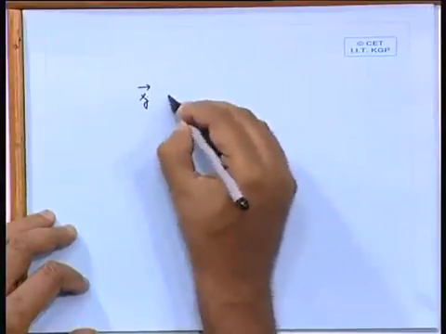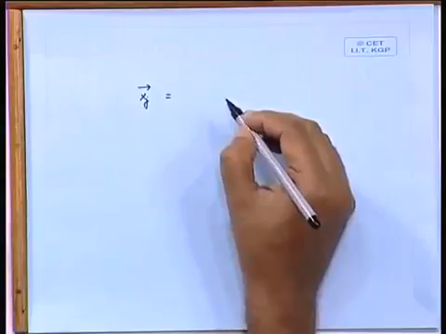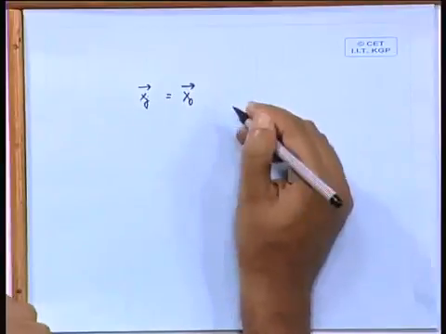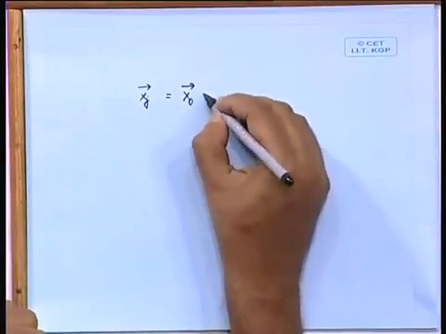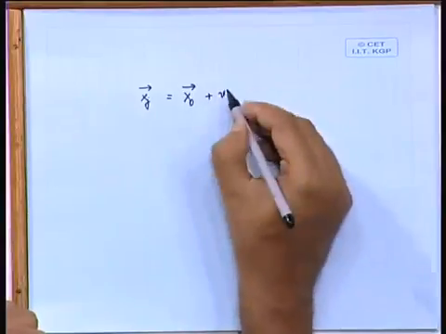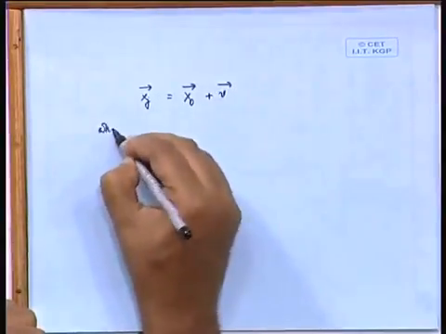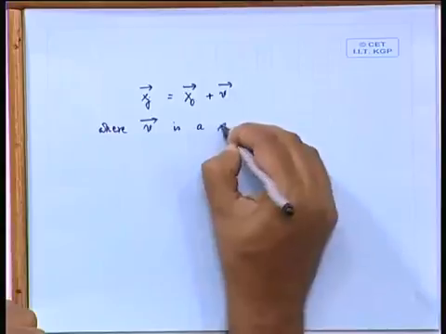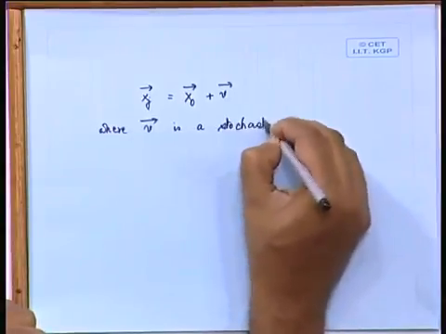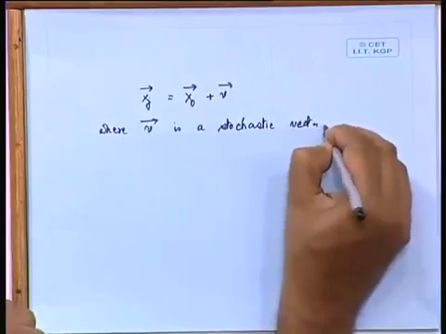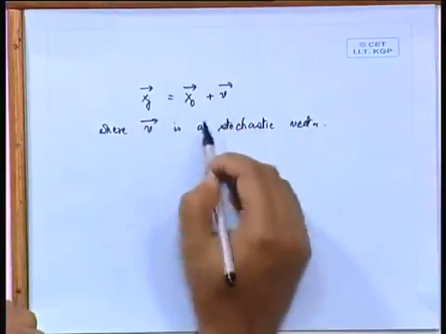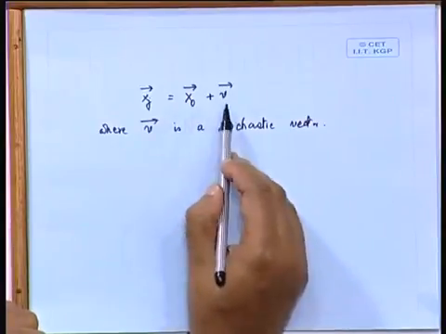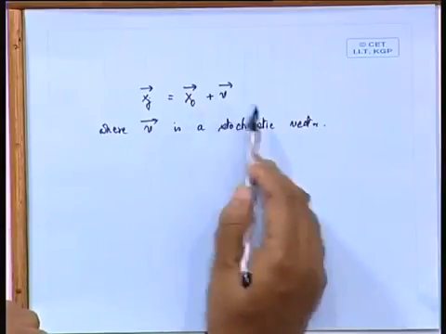Now, xj vector may be represented, in a stochastic sense, as x naught vector plus a v vector, where v vector is a stochastic vector. So, the pattern itself is a stochastic pattern, having one x0 component and a stochastic component which is the v vector.